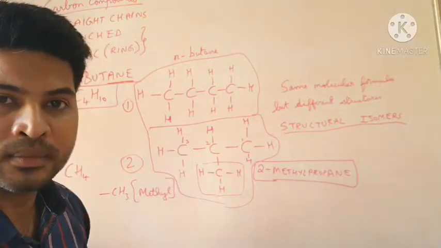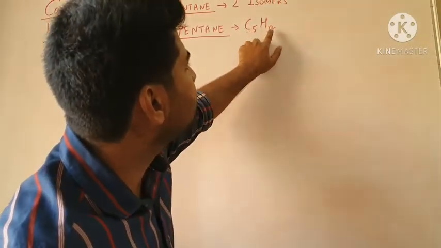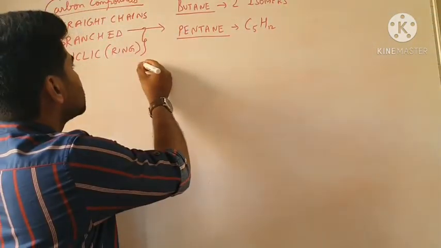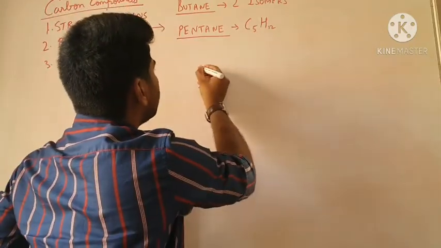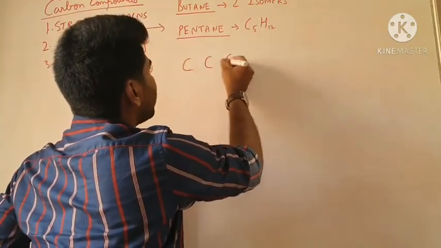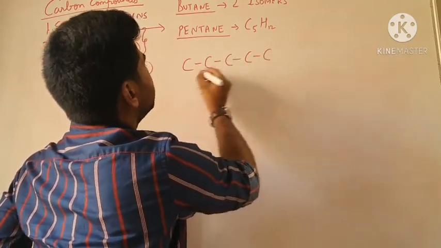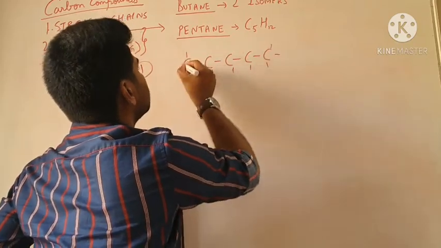Let us do that. Pentane has the molecular formula C5H12. So, one of the structures would be the normal pentane. We have to write 5 carbons in a straight chain and add the hydrogens.